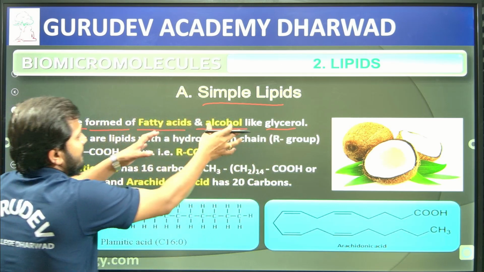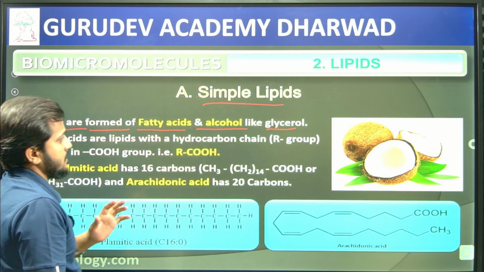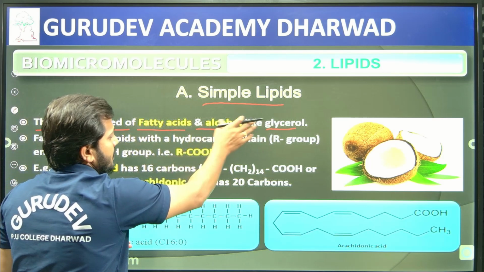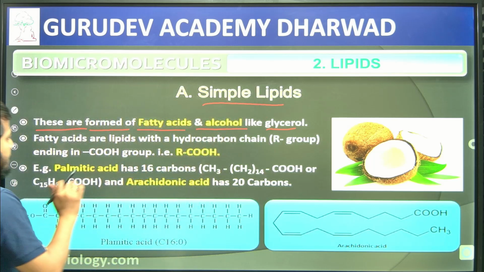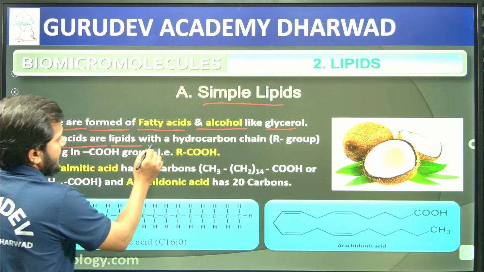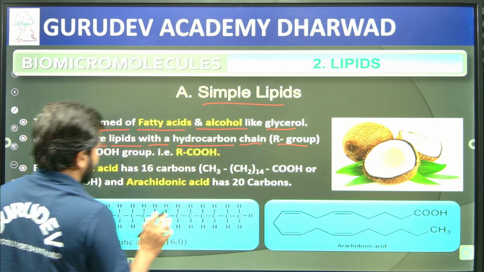So if glycerol and fatty acid get combined, I will call it simple lipids. Glycerol is nothing but an alcohol. So fatty acid and alcohol combine to form simple lipids. Fatty acids are lipids with a hydrocarbon chain, right? And it has an R group, right?